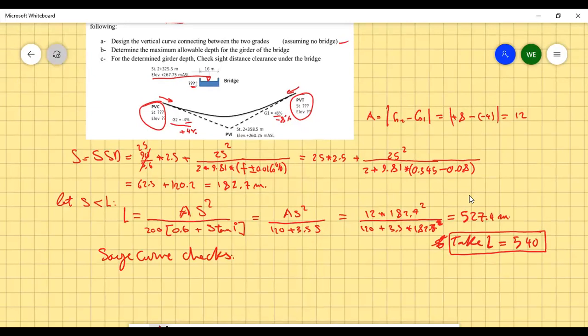Checks. We have the appearance check: L minimum should be 30A. That means 30 multiplied by 12, sorry.